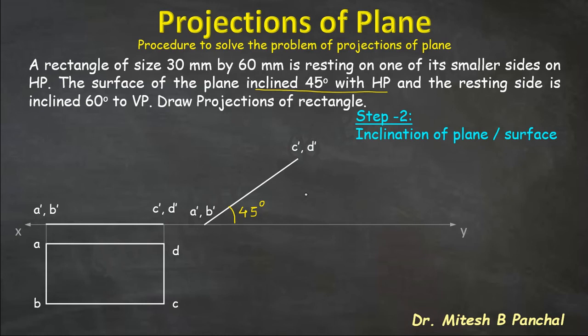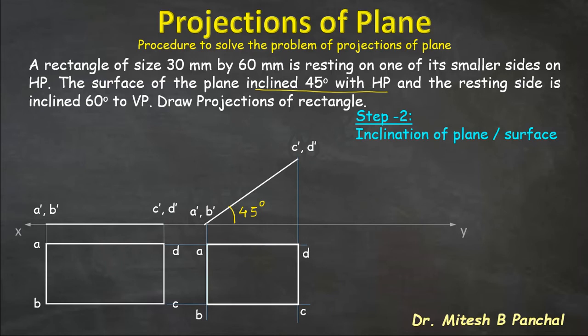dash D dash. Now we have to consider the vertical projector from the front view, and from the top view the horizontal projectors will be considered. So we can obtain points A, B, C and D. And if we join all these points A, B, C, D in proper sequence, we will get the apparent shape.